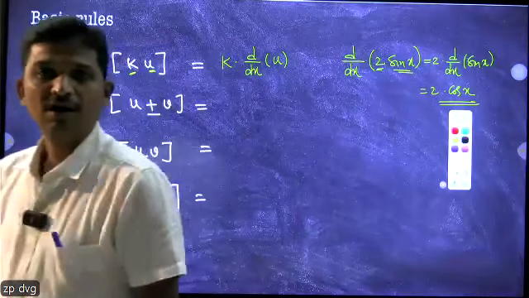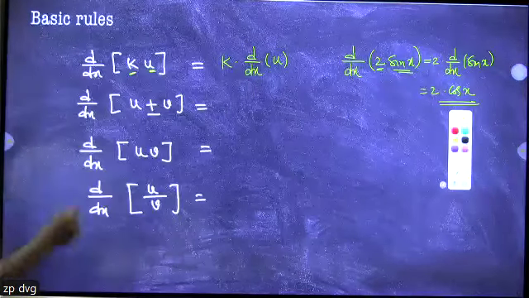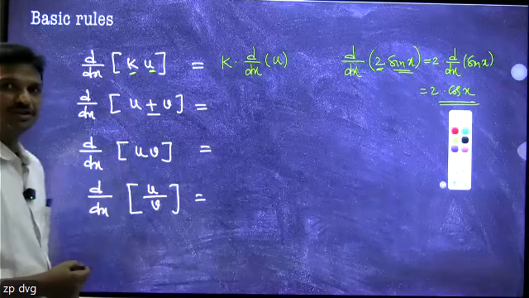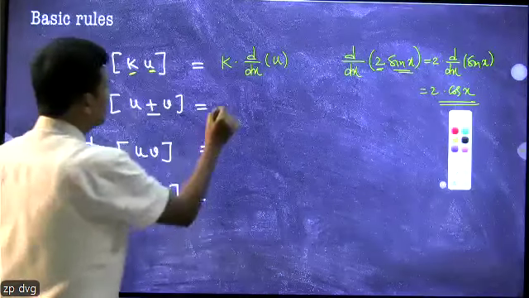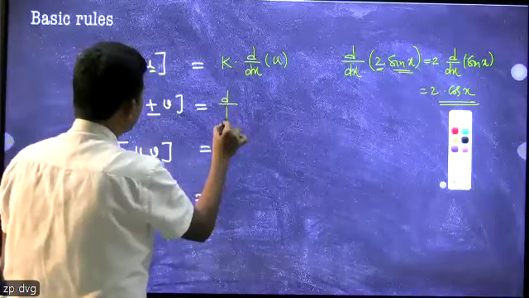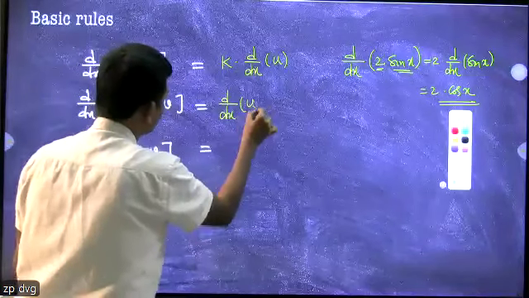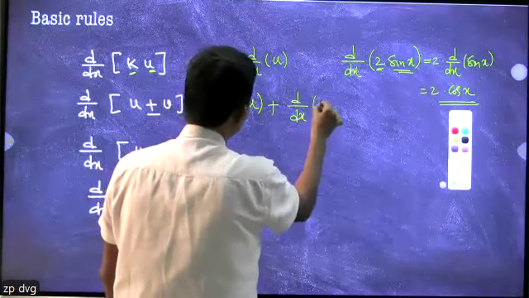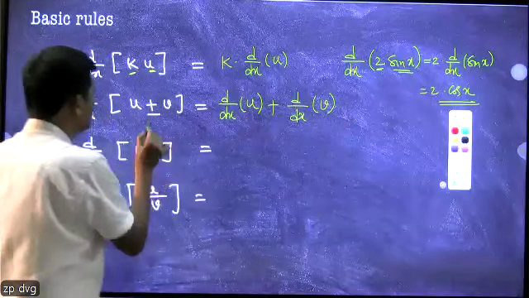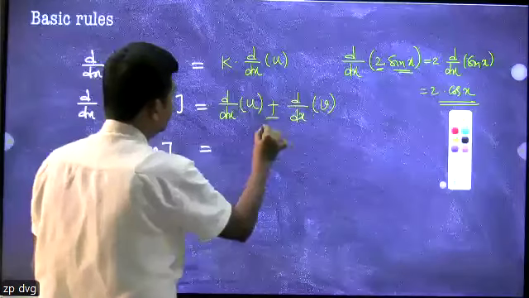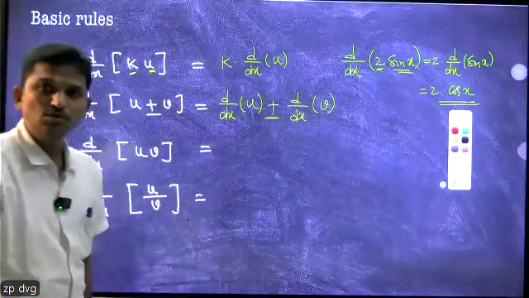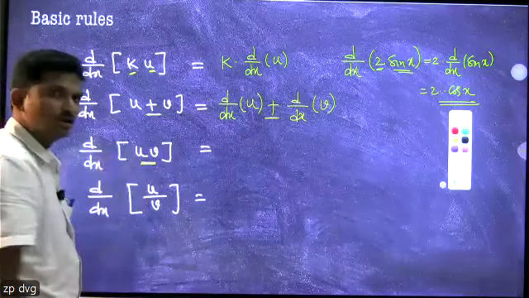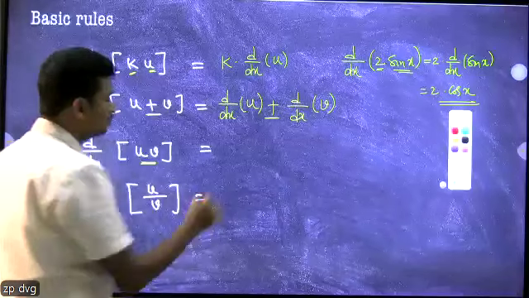Okay. Now, derivative of u plus v, like sin x plus cos x, a sum of two functions is given. You need to differentiate. For that, it is nothing but derivative of u plus derivative of v. Suppose minus is there, then we'll write minus here: derivative of u minus derivative of v. You see here, product rule. Derivative of uv is what?